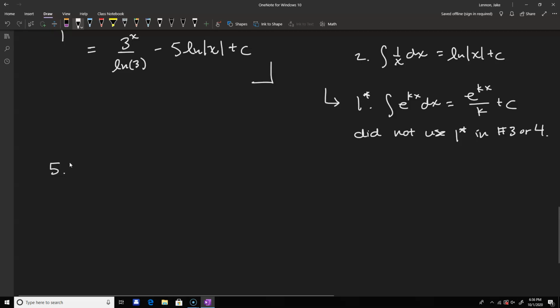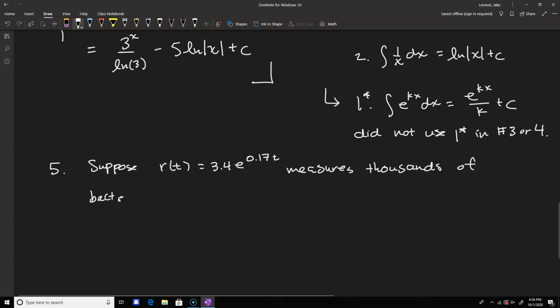So suppose R of t equals 3.4 times e to the 0.17 t, measures thousands of bacteria in a colony, t hours after an experiment began.